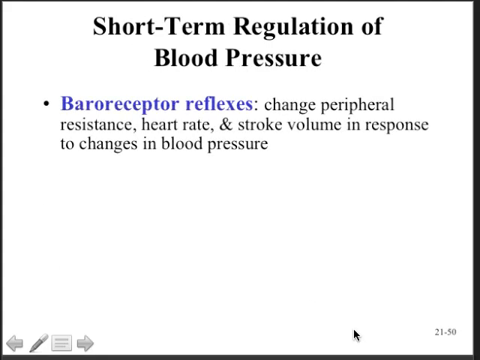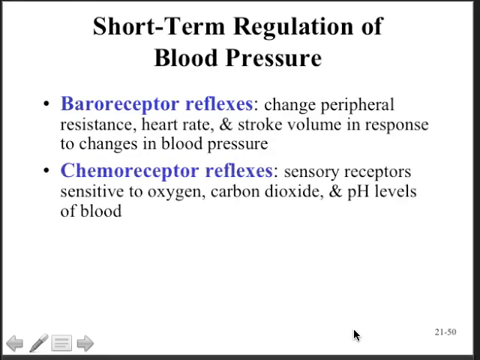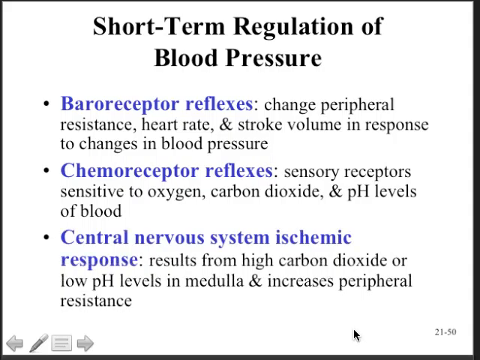Short-term regulation of blood pressure is via baroreceptors. They change peripheral resistance as well as heart rate and stroke volume in response to blood pressure changes. And then chemoreceptor reflexes, where we check the blood for its oxygen, CO2 content, and also its pH, and we adjust the blood pressure accordingly.